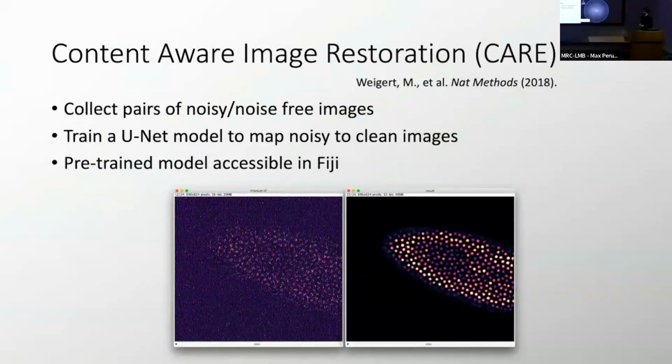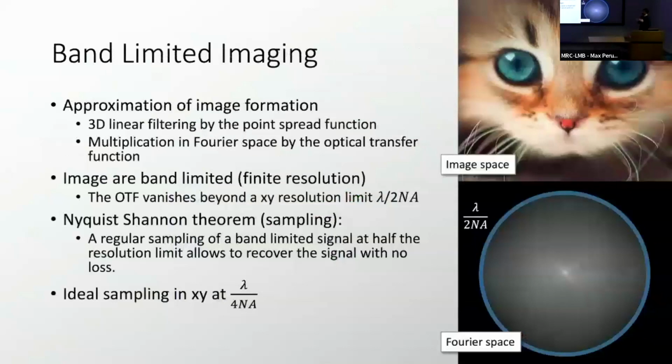So we saw with Nick that our imaging is band limited. When we say band limited, it means that there is a maximum frequency. This is what Abbe found, a maximum frequency due to light diffraction, which is here in our Fourier domain.